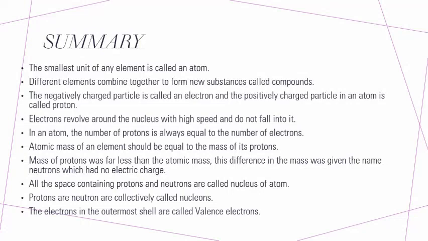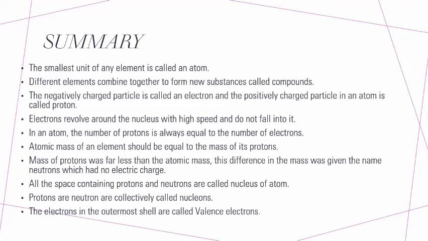Protons and neutrons are collectively called nucleons. For example, if there are 6 protons and 6 neutrons, the number of nucleons is 12, so you just add them up. Then we have seen the representation, how to know the mass number and atomic number.